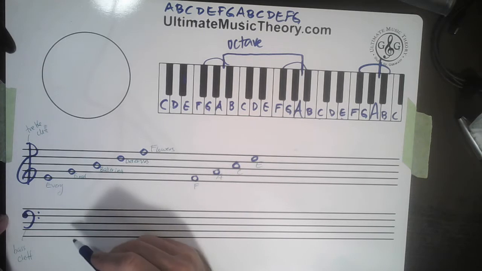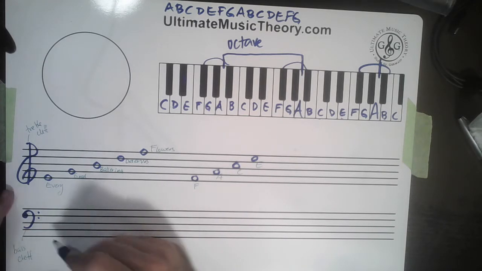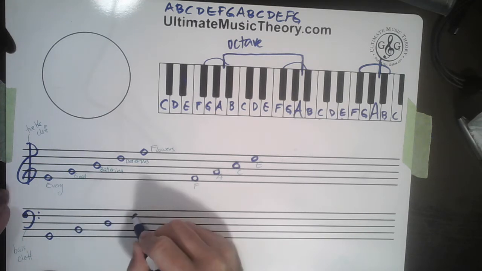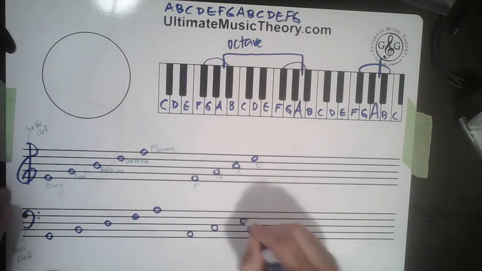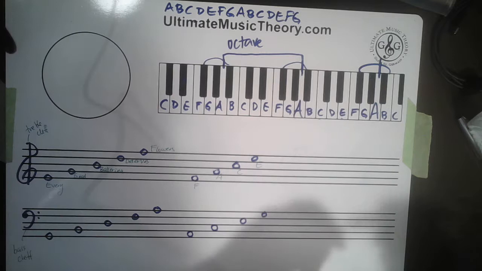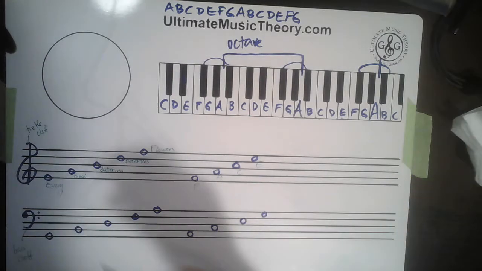So in the bass clef, or in piano in our left hand, we of course, just like the treble clef, have 5 lines and 4 spaces. And we have another 2 sentences that we use.